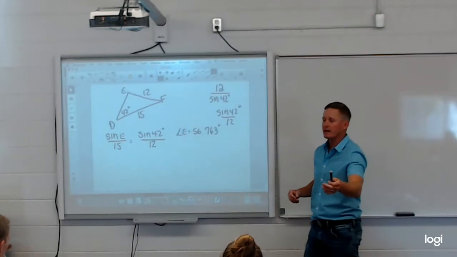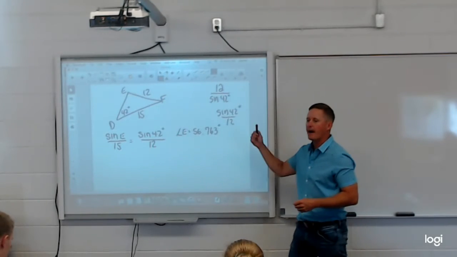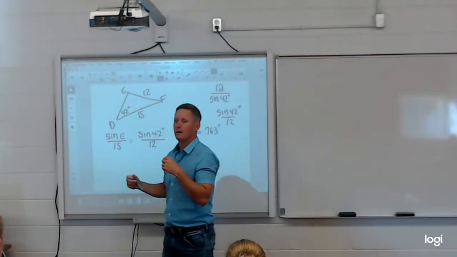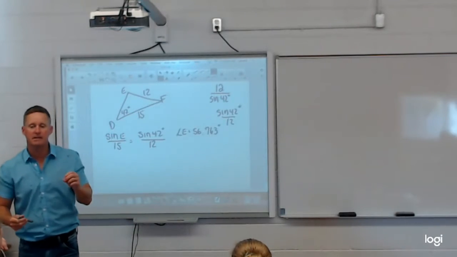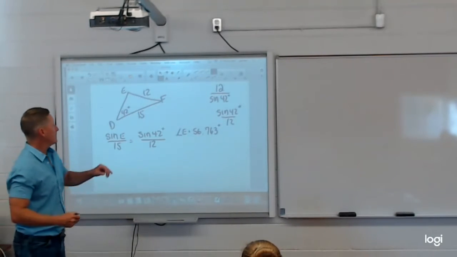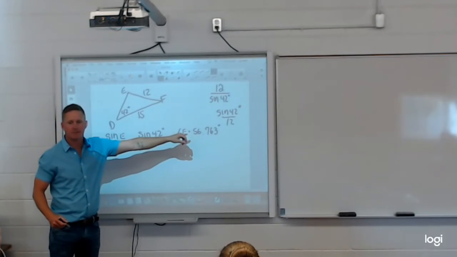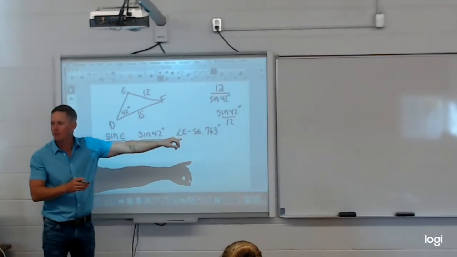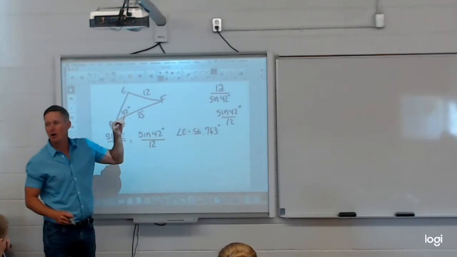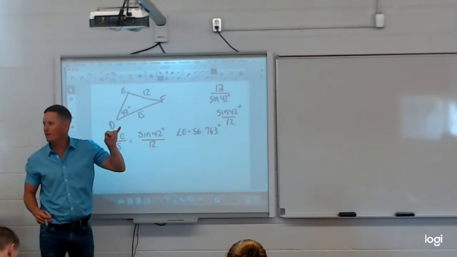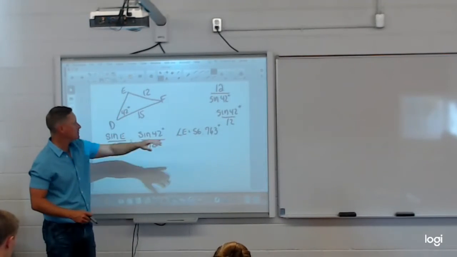Now, Tessa asked the question, do I need to have 3 decimal places when it comes to angles? The answer is yes. The reason is because now I need to solve for f using this, and if I cut off my decimals, that side length is not going to be right. It's going to be off. So I want to have at least 3 decimal places.